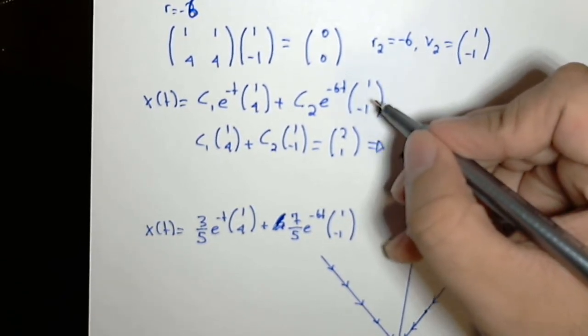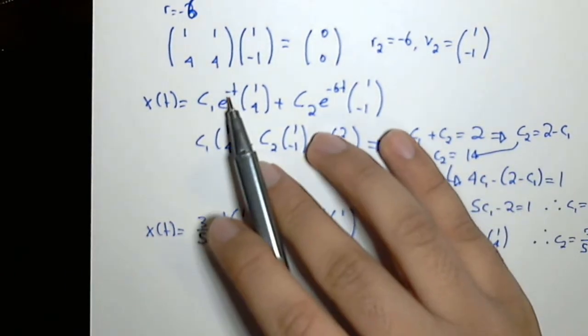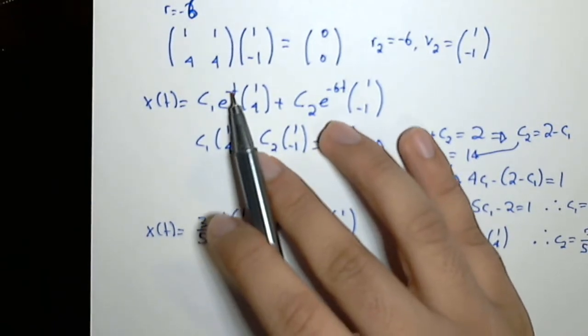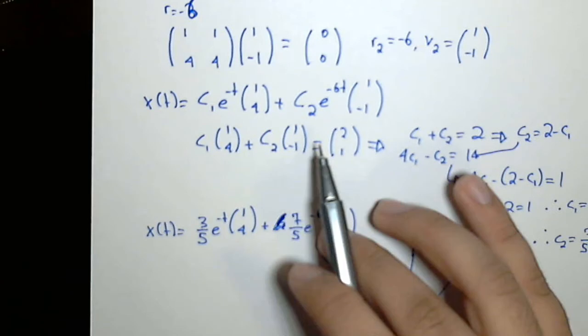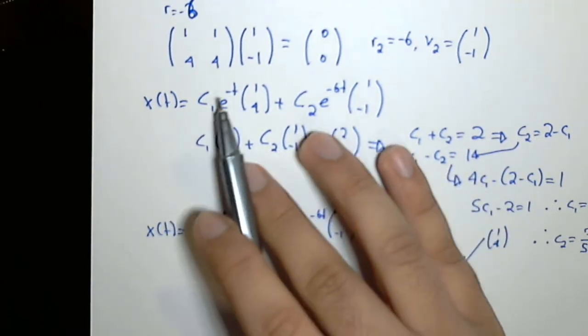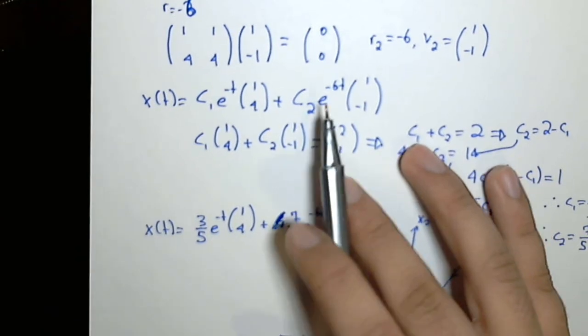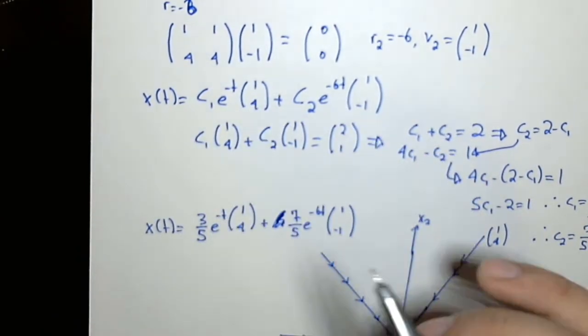And then on the flip side, as t gets very, very positive, this guy is going to start dominating, because as t is positive, these both go down, these get closer to 0, but this guy gets closer to 0 slower than this guy. So this vector is the one that dominates as t progresses.